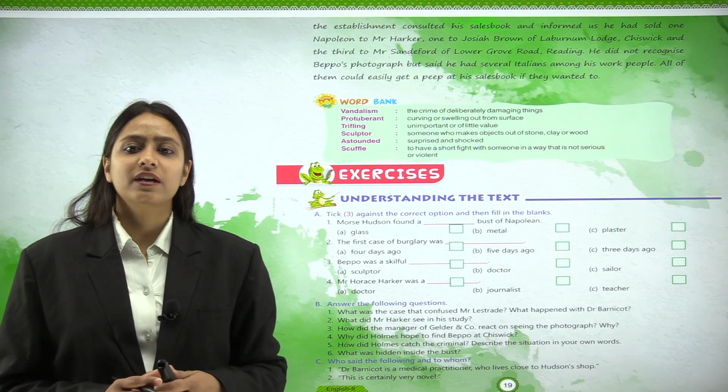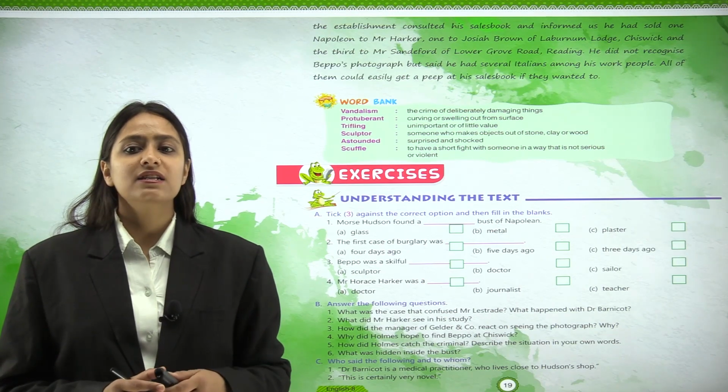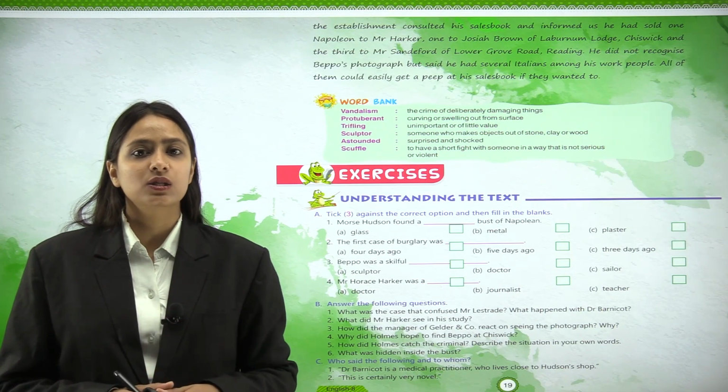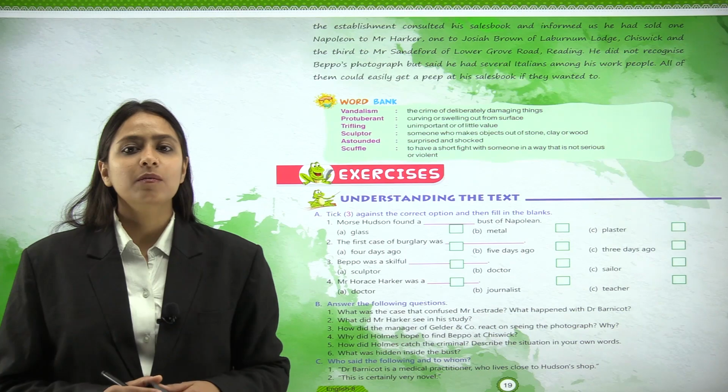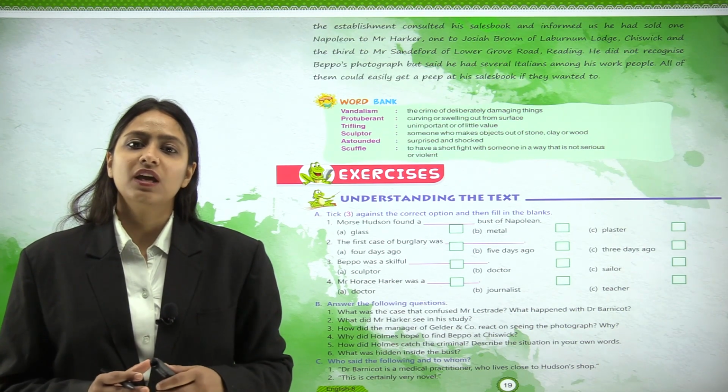He did not recognize Beppo's photograph but said he had several Italians among his workpeople. All of them could easily get a peep at his sales book if they wanted to.